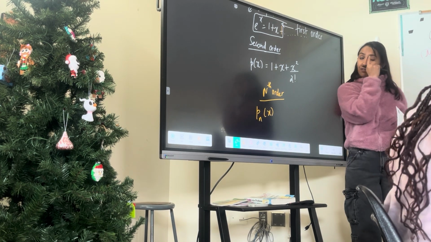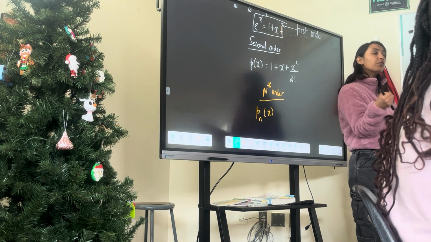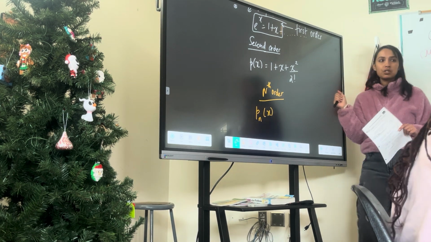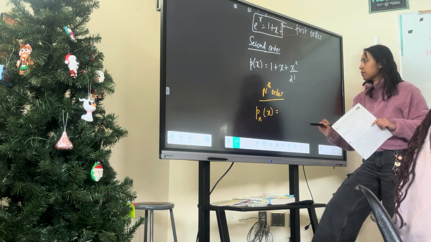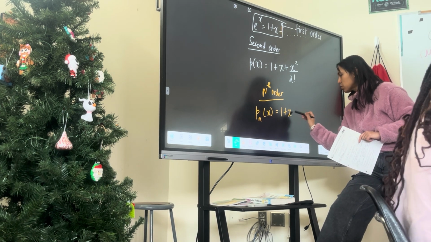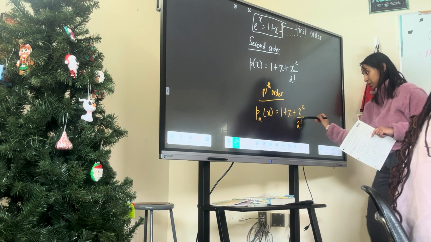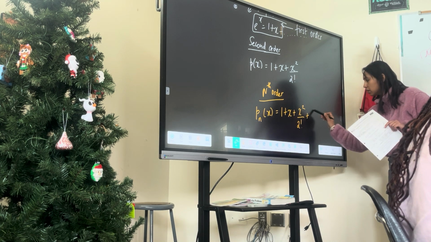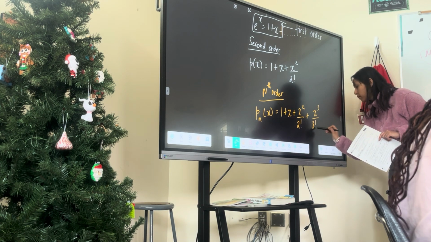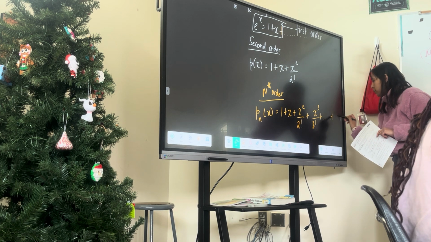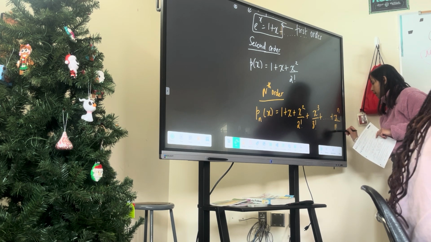Now this could be any function, it could be e to the x, it could be square root function, we will work with square root functions too, equals 1 plus first order approximation, second order, third order if you want, and so on up to the nth order.